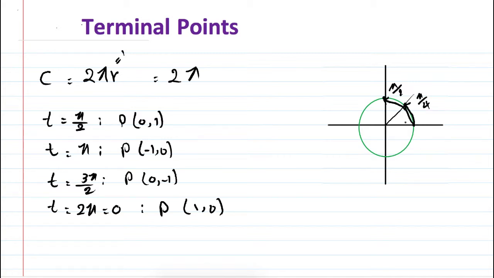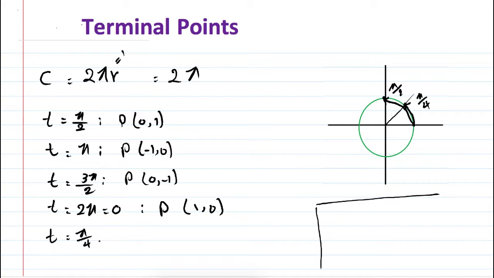So if I travel a distance of pi over 4 on the unit circle, what will be my coordinate at that point? What will be the terminal point? How can you find that? Well, it's very easy. We are trying to find the terminal point for t equaling pi over 4.